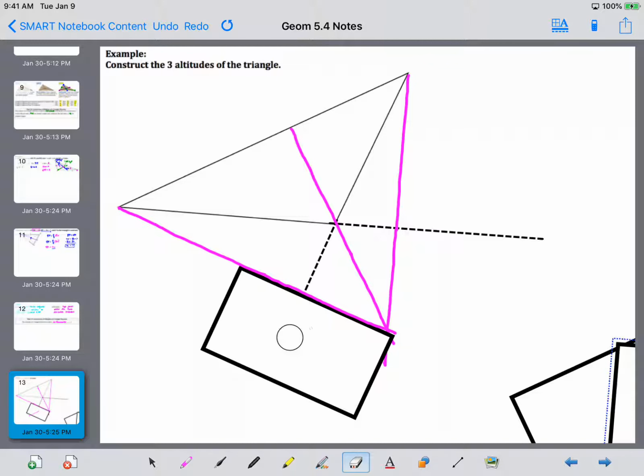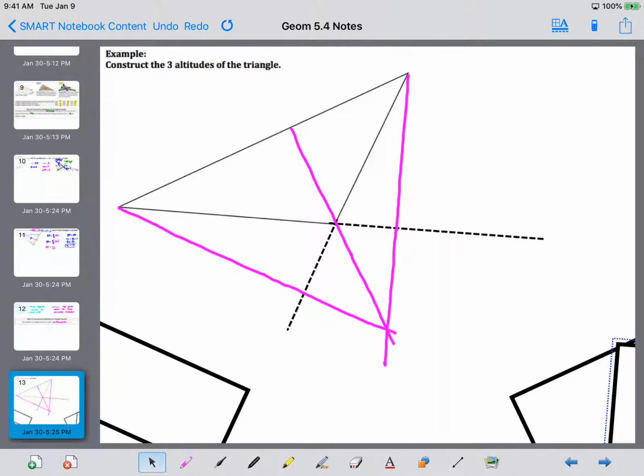So you can hopefully see that these were all created so that this is a right angle, that's the height from that vertex. This is a right angle, that's the height from that vertex here. And then this is a right angle, which is the height from that vertex. Okay, so those are our three altitudes, and they do intersect right here.